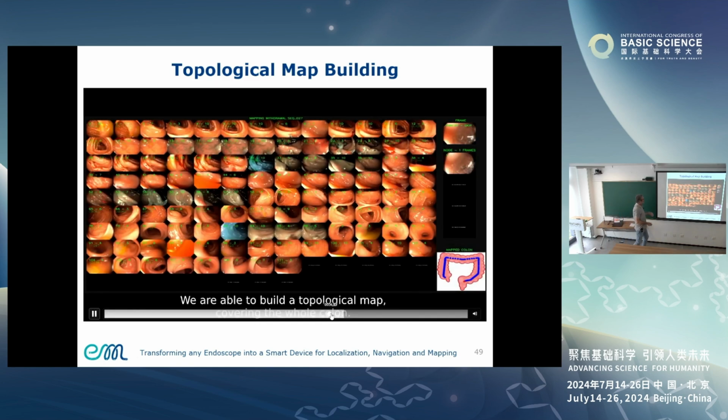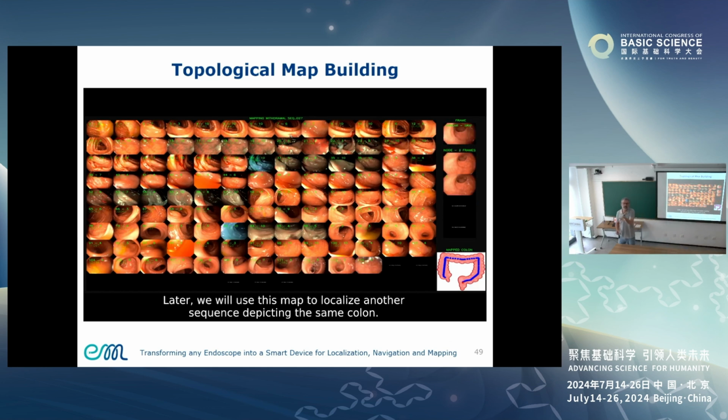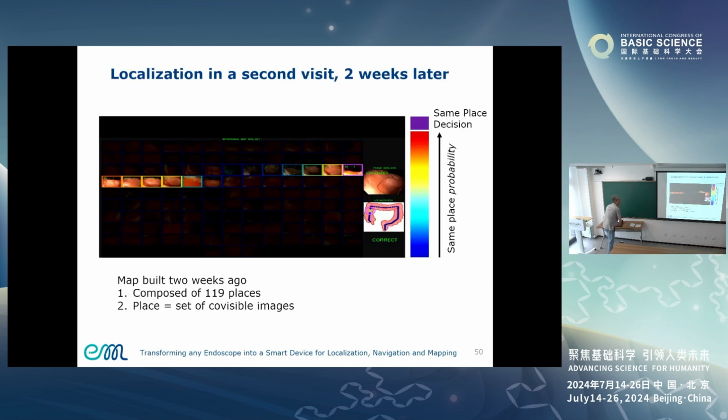After processing the video, we have almost 100 localizations along the colon, which summarize the colon of this patient. So what happens 2 weeks afterwards? The same patient, and this is real, these videos correspond to the same person.